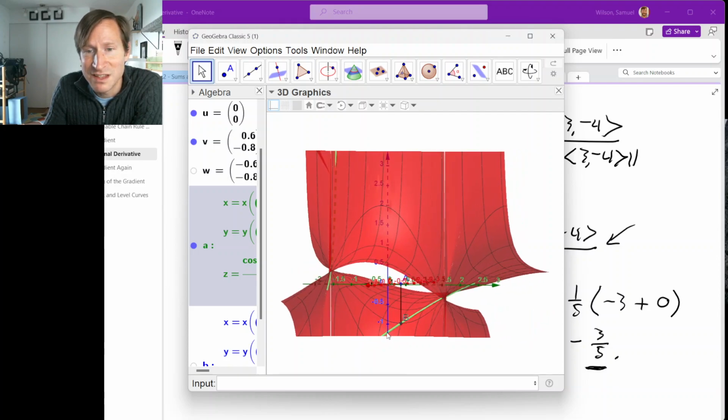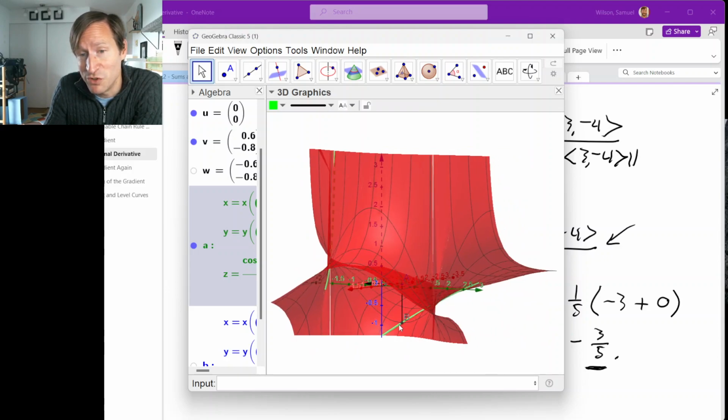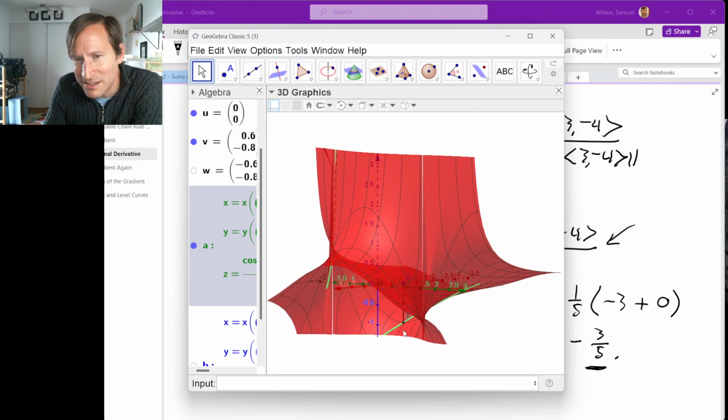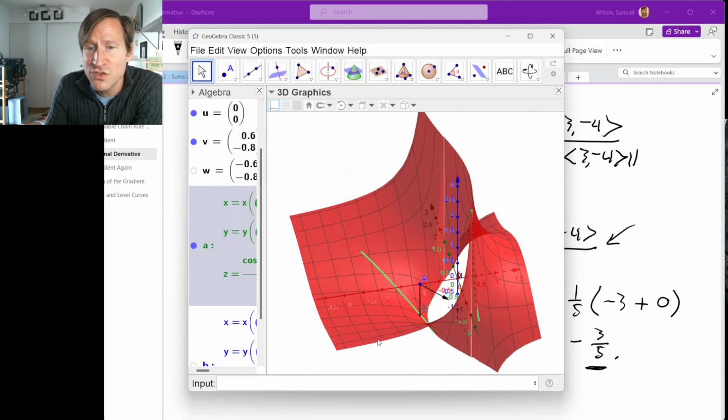So that means that the slope is definitely negative as we move in the direction of our vector, which from this perspective is from the right to the left. This curve is going down. So the tangent slope on this graph is definitely negative, and it doesn't look like it's quite minus 1. So minus 3/5 seems plausible. Okay. So that's for the first vector.